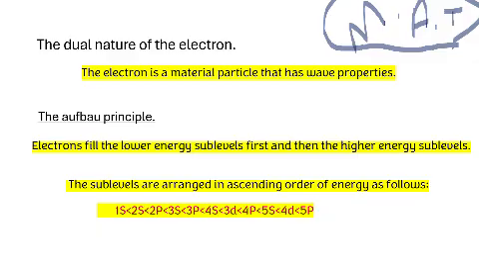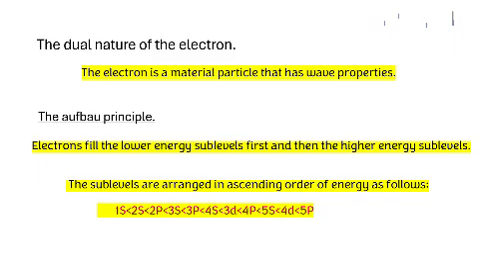We know that one of the drawbacks or disadvantages of Bohr's atomic model is that he had to deal with the electron as a negatively charged particle, and he ignored its wave properties. And here, the dual nature of the electron corrects it. The dual nature of the electron considers the electron as a material particle, I mean a negatively charged particle.